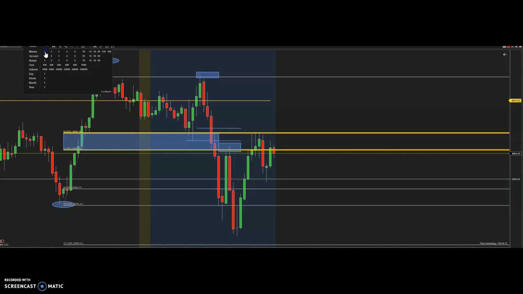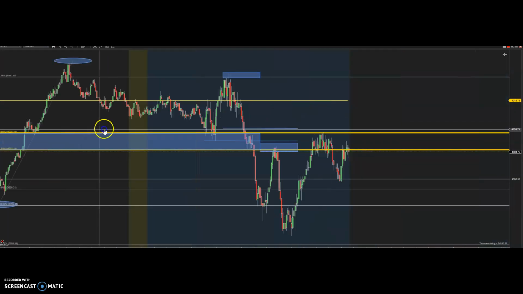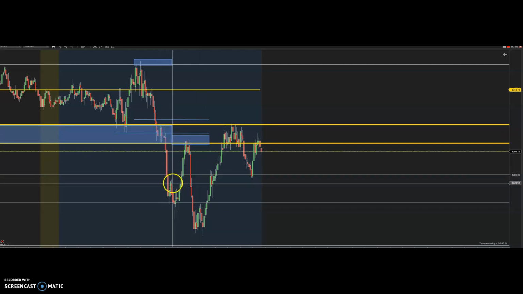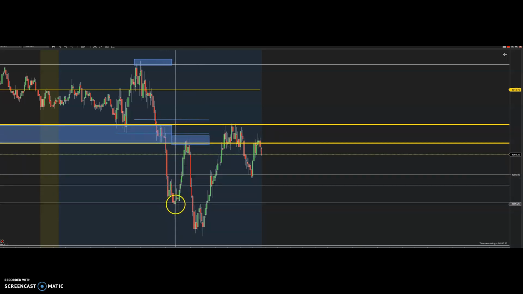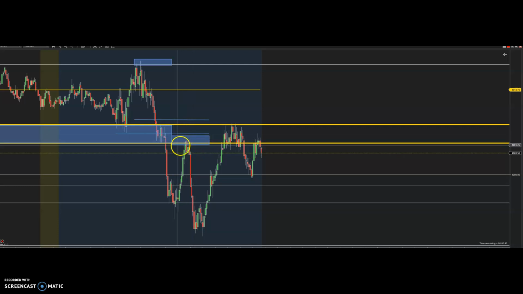Another thing about the 1 minute chart, I am not looking at these individual bars. I'm looking at the pattern of how the 1 minute chart is responding to this 15-minute box. So she did an impulse down. I'm not getting excited about that because I want to get in at a better price on the pullback. So she pulls back to, this box is from the 15-minute chart, she pulls back to the 15-minute box on the 1-minute chart and did not break above.